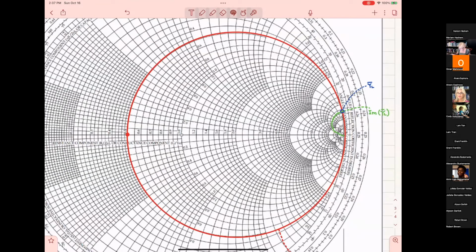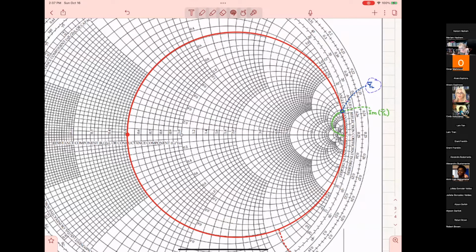Any questions? Why did you change it to 0.019? Because if I gave a 5 picofarads, that made the reactive part of YL very large.